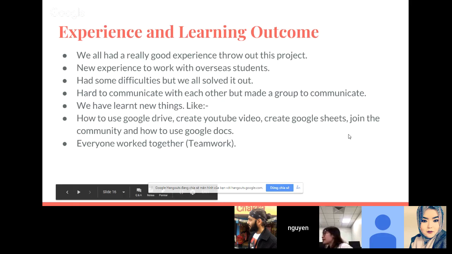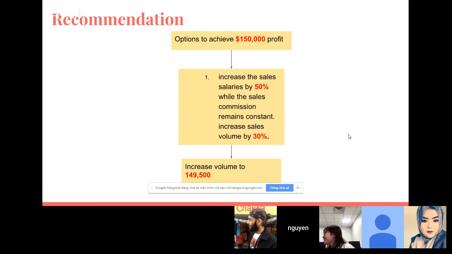Again, it's a prediction. So the increase in sales volume will result in a higher net profit of 149,500, which is slightly 500 less than the targeted net profit, but is the closest net profit that we can achieve.